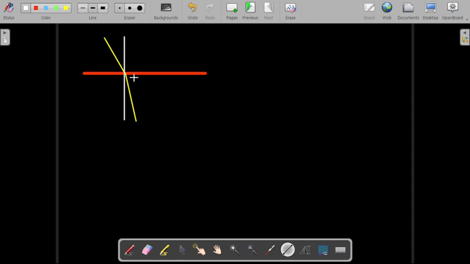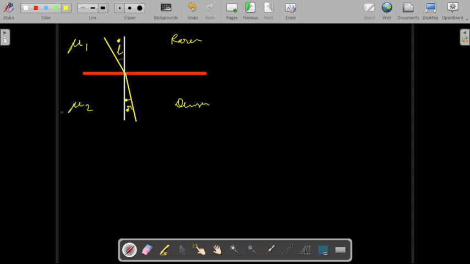You can clearly see there is a difference between the angles made by the incident ray and the refracted ray. Let me write the angle I and angle R here. This one is angle I, and this one is angle R. And this one is the rarer medium and this one the denser medium.